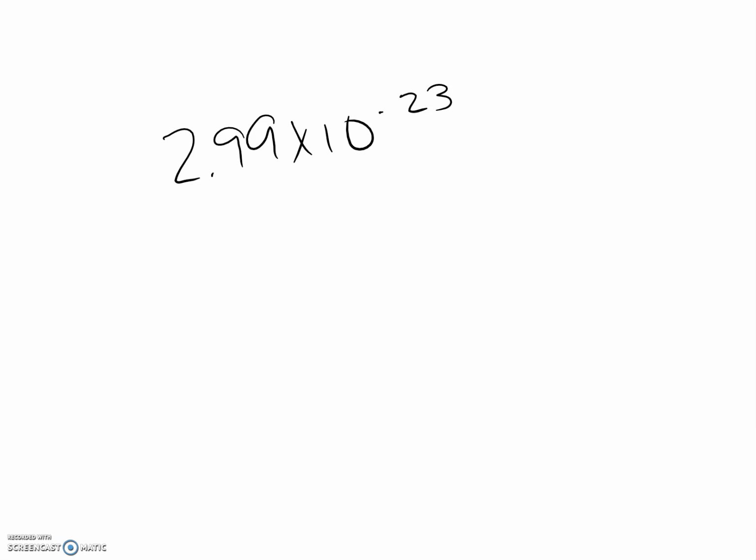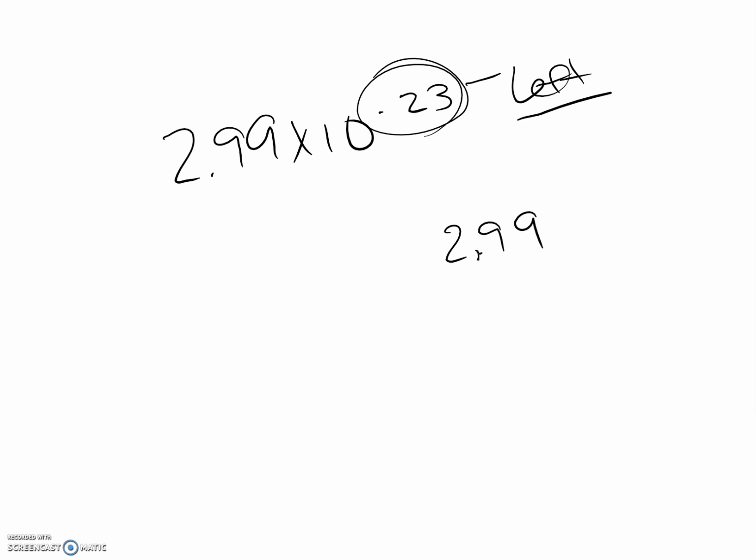So this will probably go off your screen, but this tells you that to the negative 23rd means that I have to move my decimal 23 times to the left. So 2.99, go ahead and start counting as many times as you can get. So 1, 2, 3, 4, 5, 6, 7.